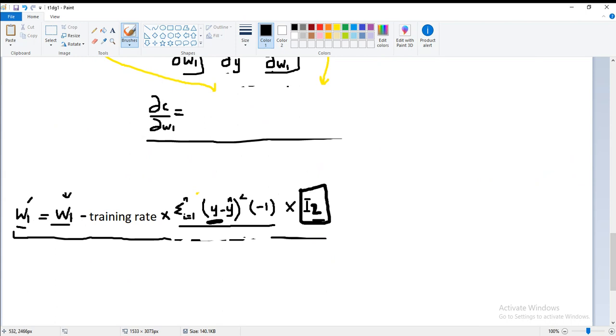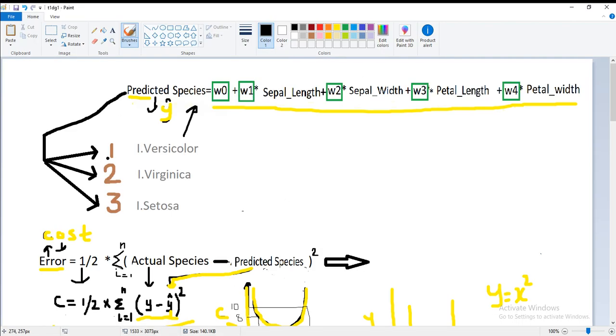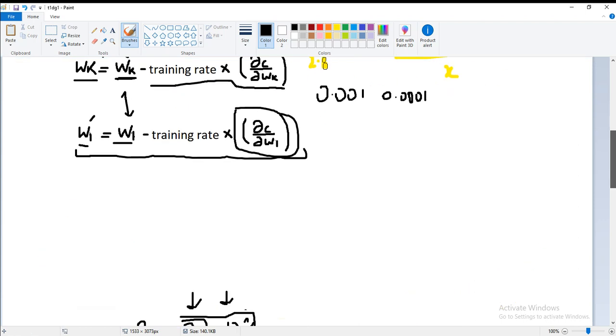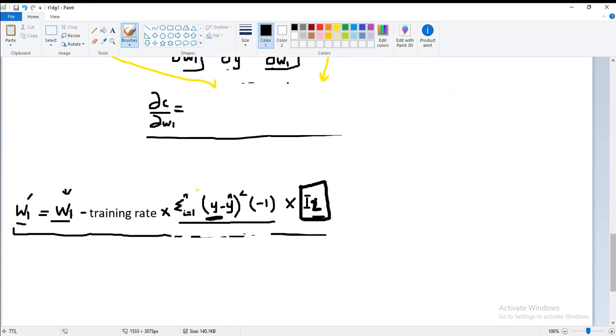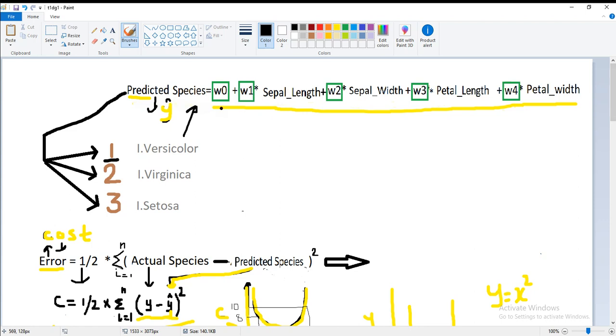Y is the real Y, which is, if it's a versicolor for instance, we decided that it is 1, so Y is 1 here. Y hat is calculated using this equation. Now the question which might bother you is, what are our initial weights?